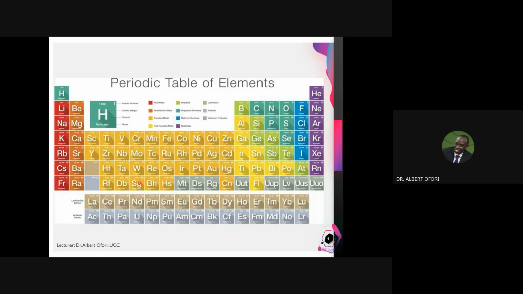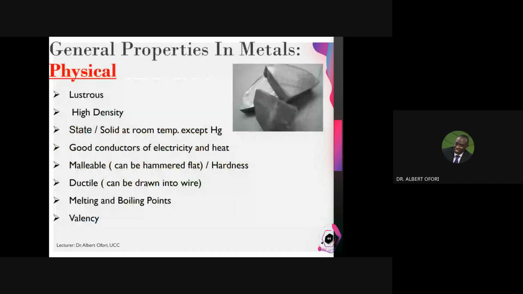Now, if we take the periodic table, we've mentioned that over and over, so I just skip. We look at the properties that you've mentioned. We said that they are lustrous, they have high densities, they are solid at room temperature, meaning 25 degrees. So below that, mercury is solid.